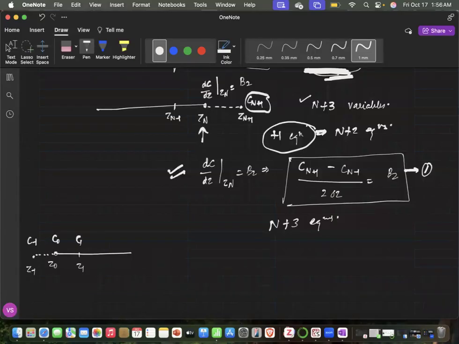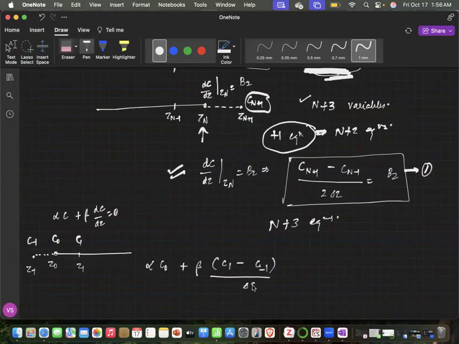All right. And over here we have the mixed boundary condition, I think I had this alpha C plus beta dc/dz equals 0. So now the equation that you're going to formulate is going to be alpha C naught plus beta times (C1 minus C minus 1) by delta Z is equal to, let's say, a constant, B3.